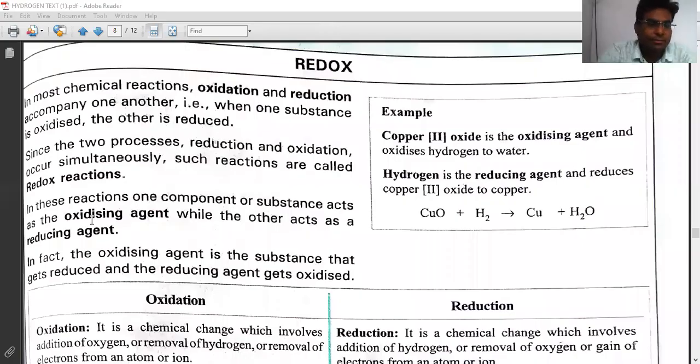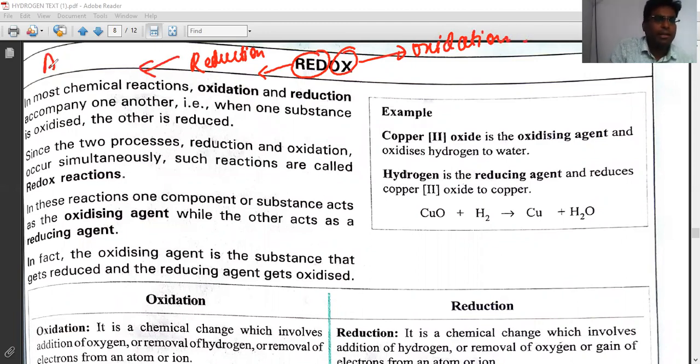What is a redox reaction? Okay, so look, I will explain from the starting. Red means reduction and ox means oxidation. Reduction is the addition of hydrogen, and oxidation is the addition of oxygen.